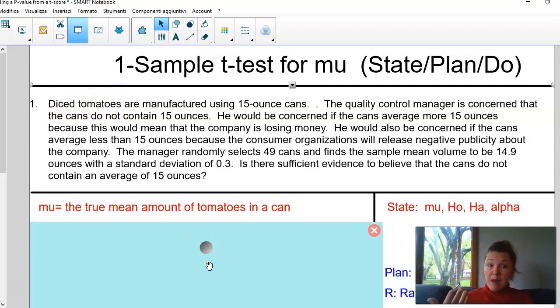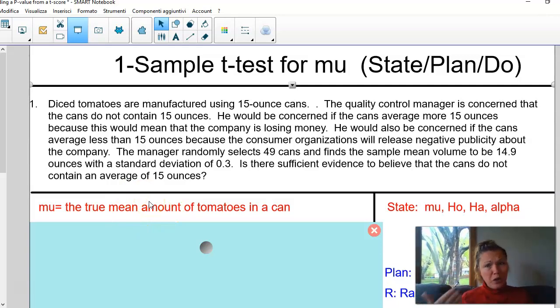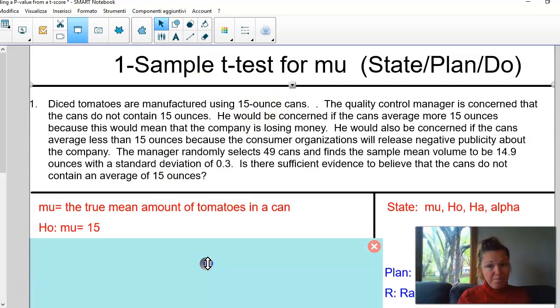So I put for mine, mu is equal to the true mean amount of diced tomatoes in a can, okay? Next is our null. That's saying, what is the value right now that is describing the population, the current truth or the current claim? And that is that 15 ounces right there. So we say mu is equal to 15.